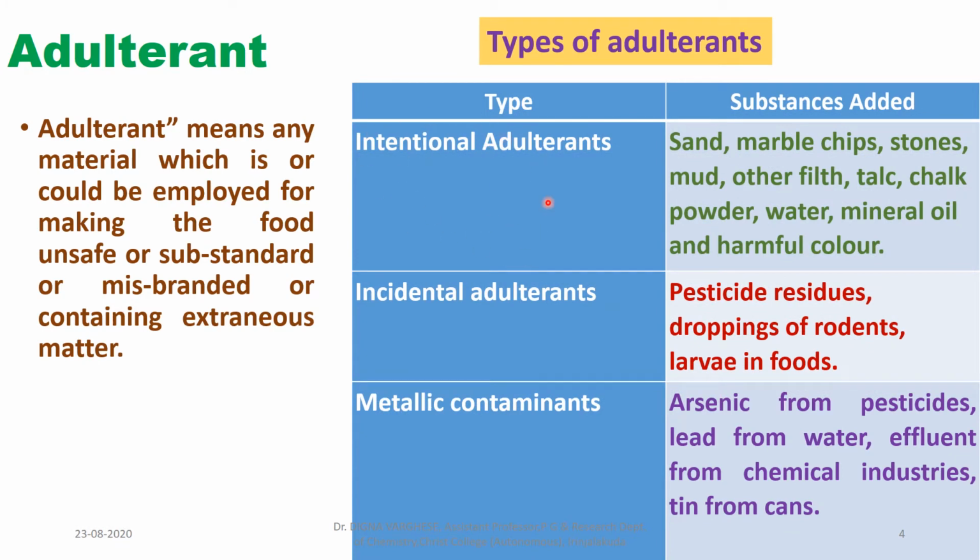Type 1, intentional adulterants: substances added to the food items, that may be sand, marble chips, stones, mud, other filth, talc, chalk powder, water, mineral oil, and harmful color. Incidental adulterants: pesticide residues, droppings of rodents, larvae in foods, etc.